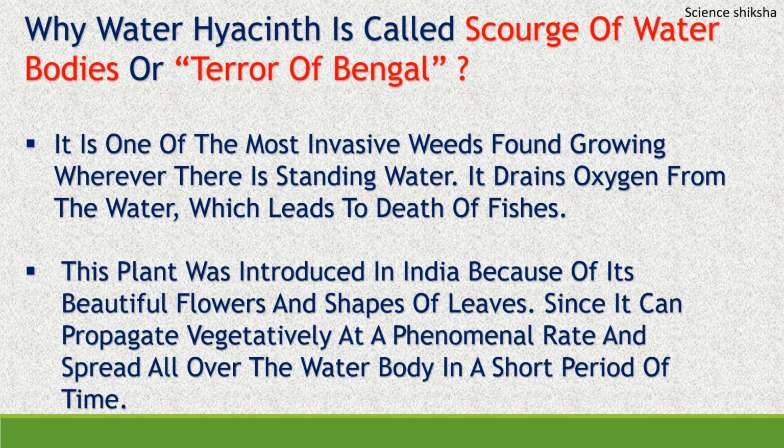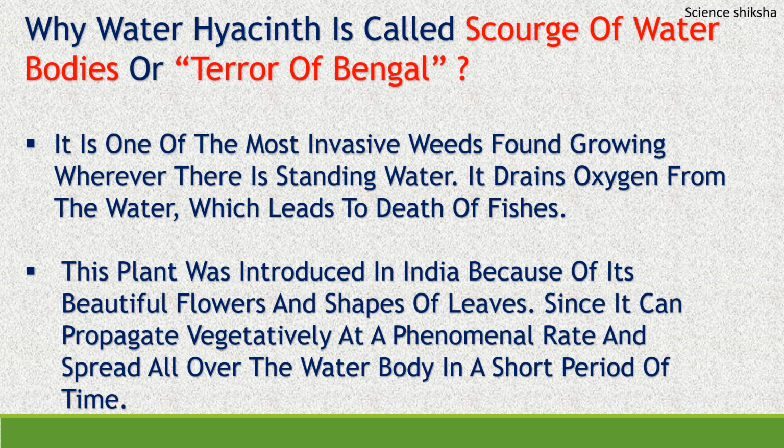Now here is a question: why is water hyacinth called the scourge of water bodies or terror of Bengal? It is because it is one of the most invasive weeds found growing wherever there is standing water. It drains oxygen from the water, which leads to the death of fishes.